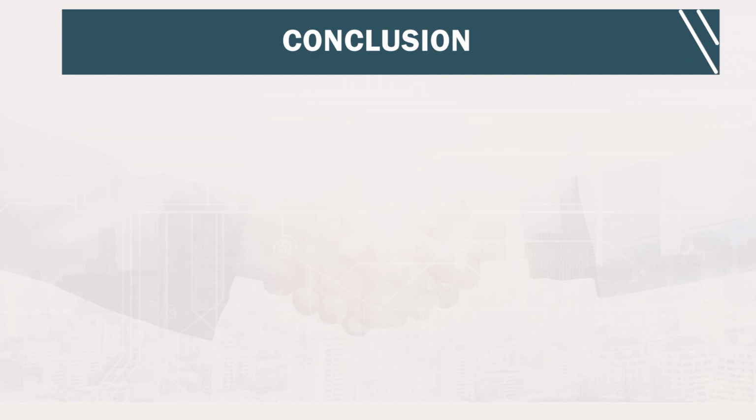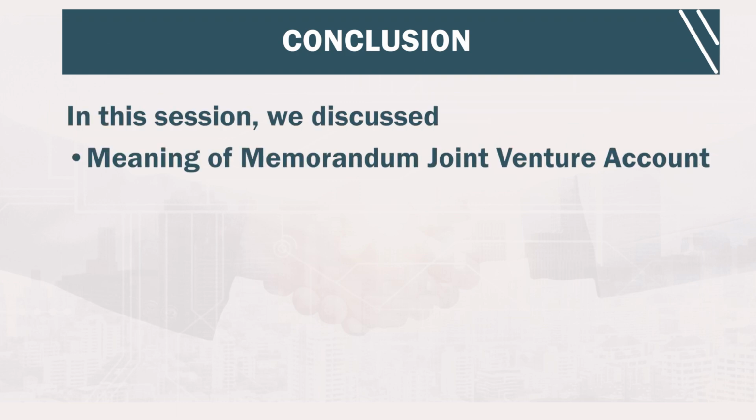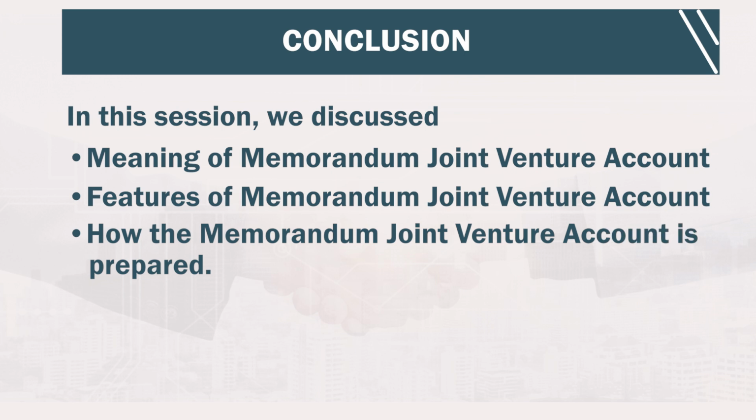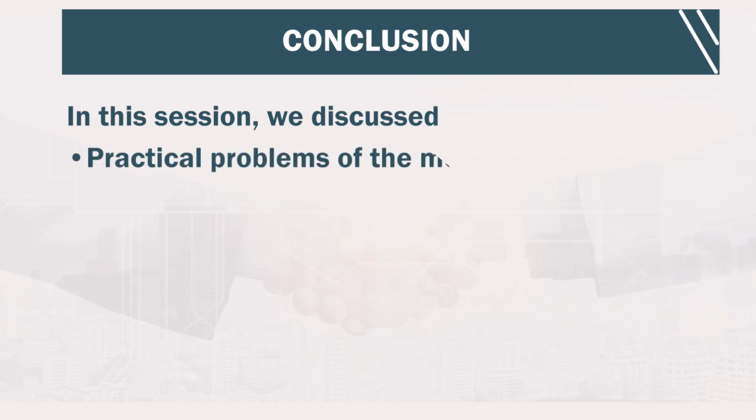Let us conclude the session. In this session, we discussed the meaning of memorandum joint venture account, features of memorandum joint venture account, how the memorandum joint venture account is prepared, how the co-venturers' accounts are prepared when the memorandum method of joint venture account is adopted, and practical problems of the memorandum method.